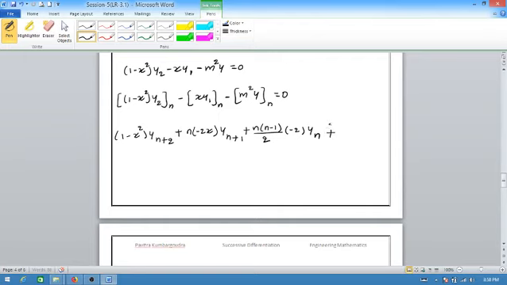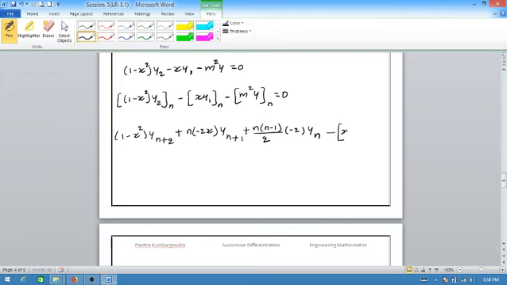Plus, sorry, minus sign is there. You have to write the minus here. Better you use one bracket because the minus sign is there. Minus, use the bracket.